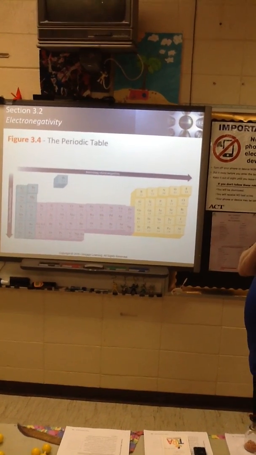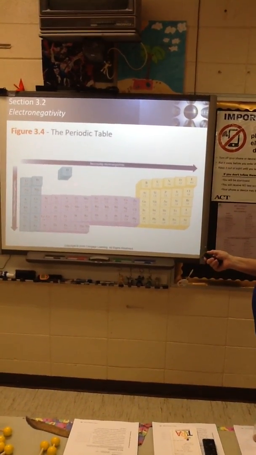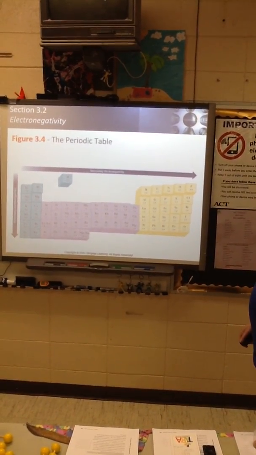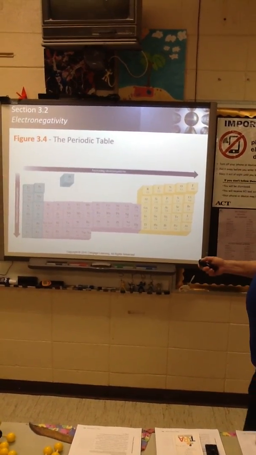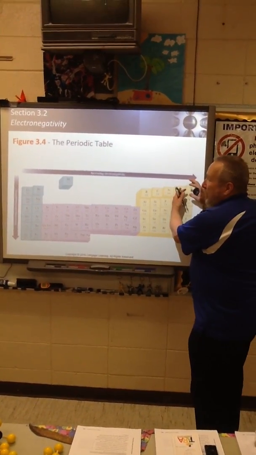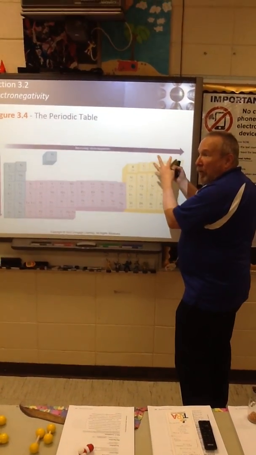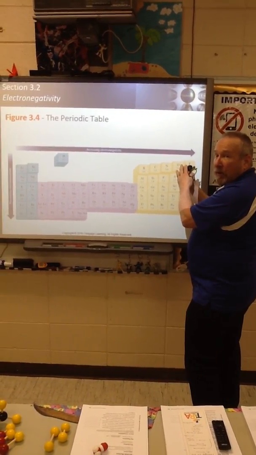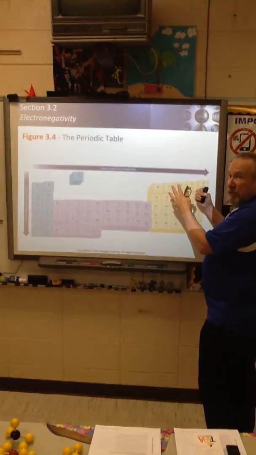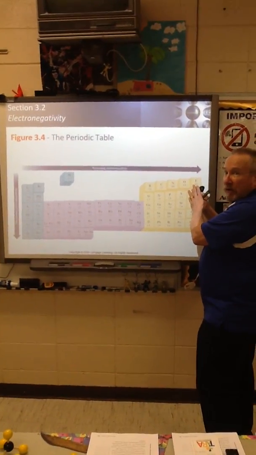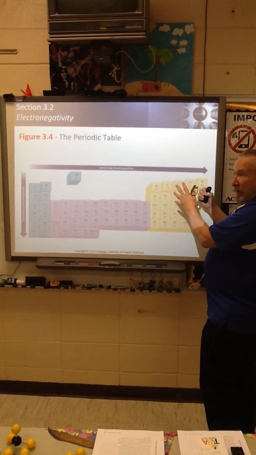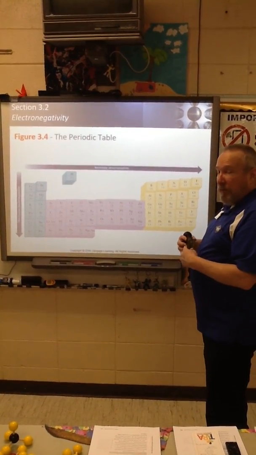The general trend is electronegativity increases left to right across the periodic table, because as you go left to right, you're getting more protons in the nucleus that can pull electrons into it more. You have more positive charge to attract the negatively charged electrons. So you have electron withdrawing principles.